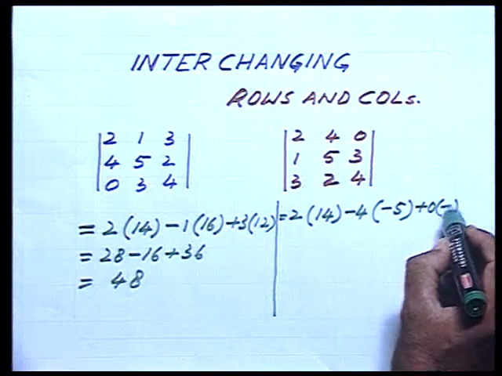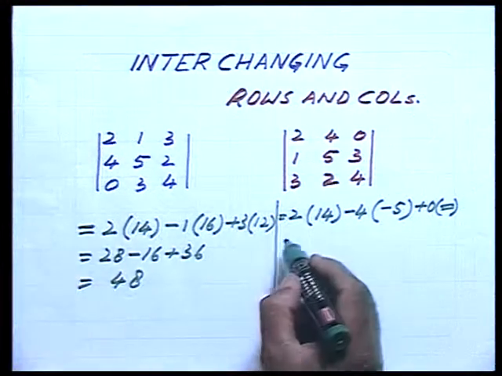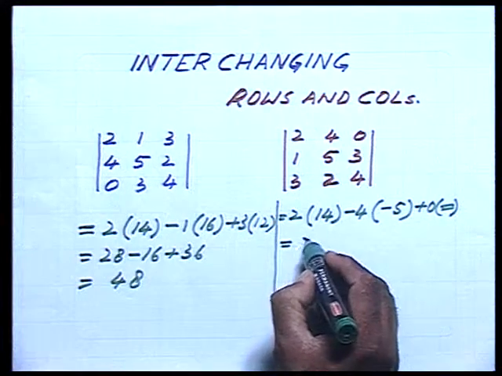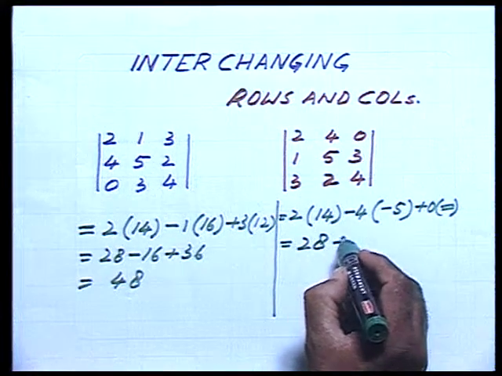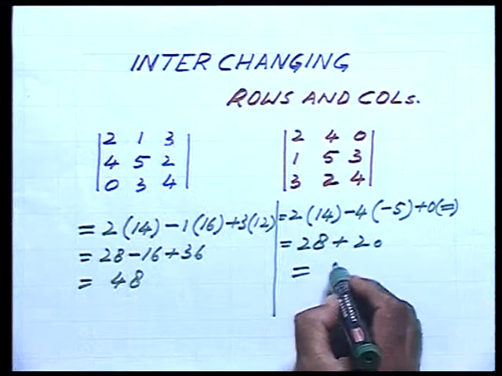So, we may not even bother to write what it is in this. So, what do I get? 2 14s are 28 and plus 20, this is 48.